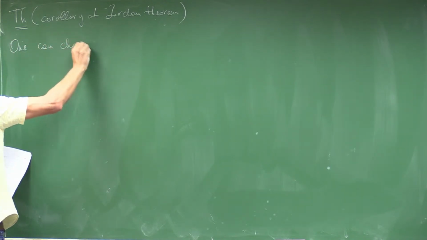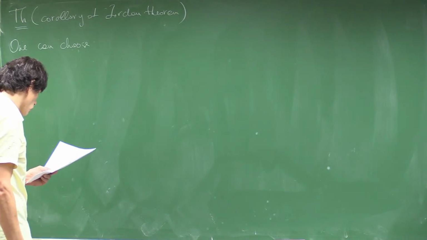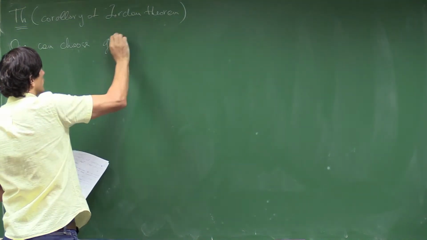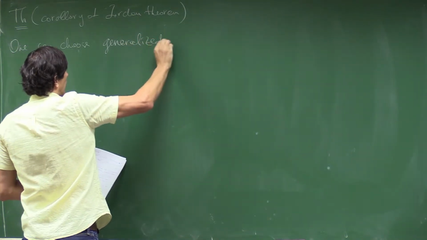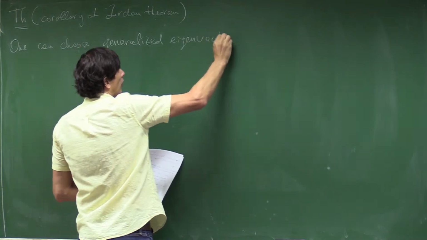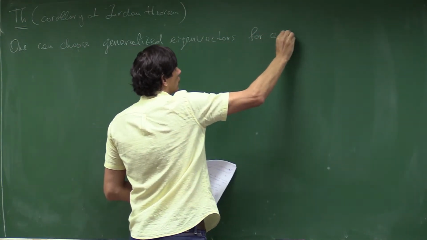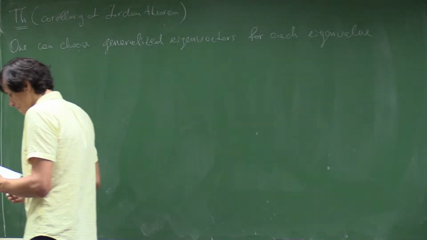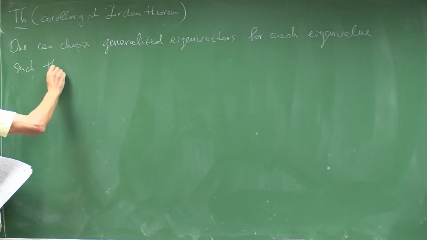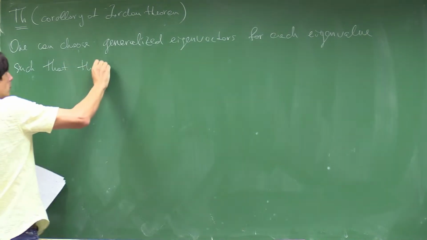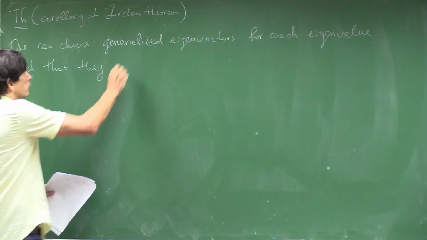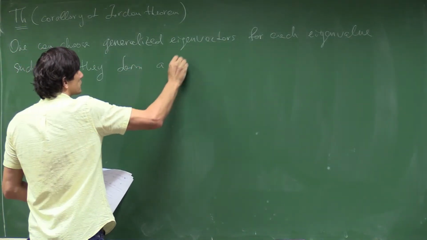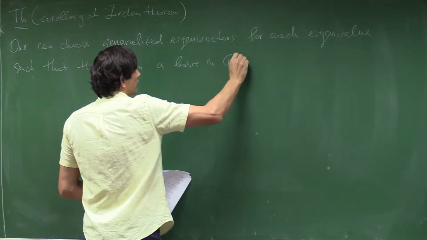It just tells you that one can choose generalized eigenvectors for each eigenvalue such that together, for all eigenvalues, they form a basis in Cn.